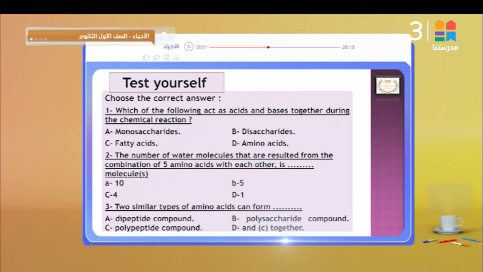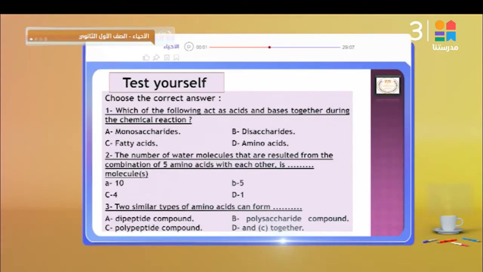Think, pair, share is the best method for reaching the final result in these questions. It is a very important method for explaining questions and reaching the solution. Say, I think as a student, not a teacher: I think, pair, share.